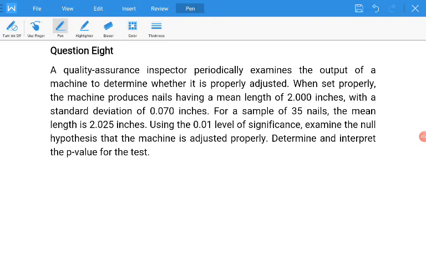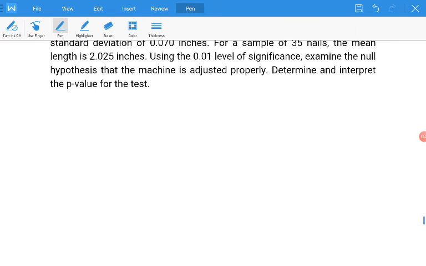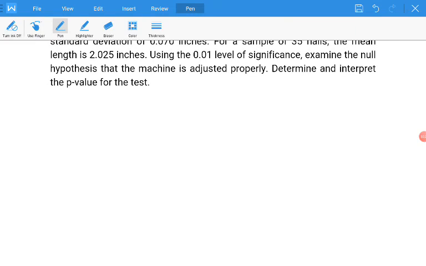For a sample of 35 nails, the mean length is 2.025 inches. Using the 0.01 level of significance, examine the null hypothesis that the machine is adjusted properly. Determine and interpret the p-value for the test.